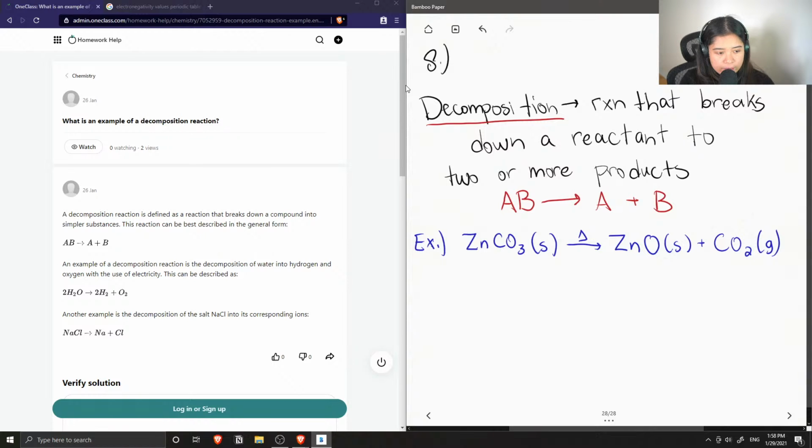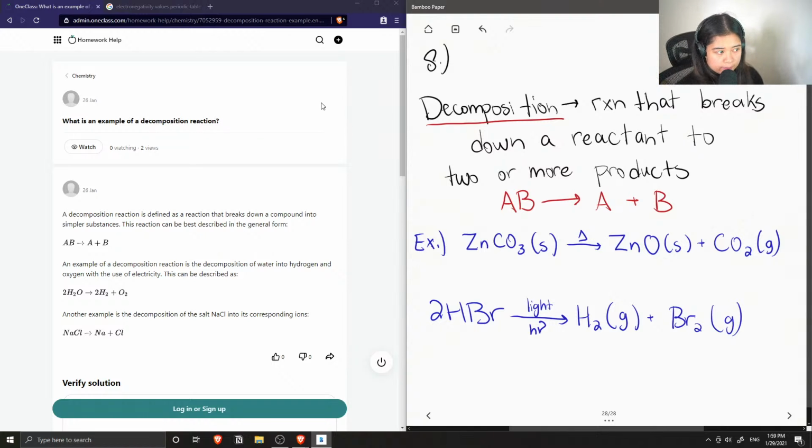And another example would be if we had HBr. When exposed to light, this can break down to hydrogen gas plus bromine gas. So these are examples of decomposition reactions.